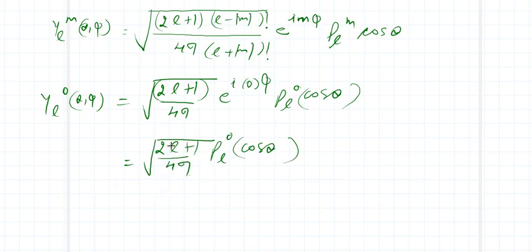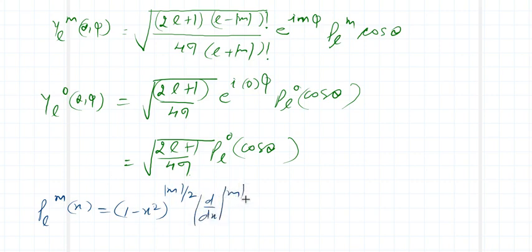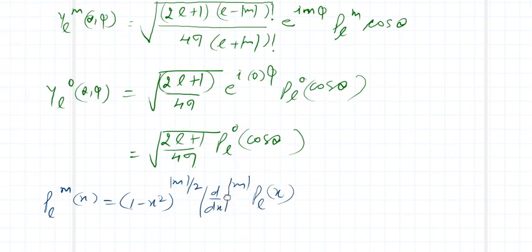But as I have defined, P_LM(x) is defined as (1 minus x squared) to the power |m| by 2, d over dx to the power |m|, of P_L(x). Let us put their values, because what I need is P_L0(cos theta).